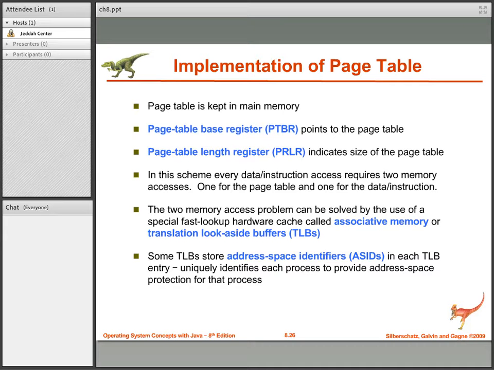Now, in this way of access, every data or instruction access will entail two memory accesses. One for the page table and another one for the data or instruction inside the page table.